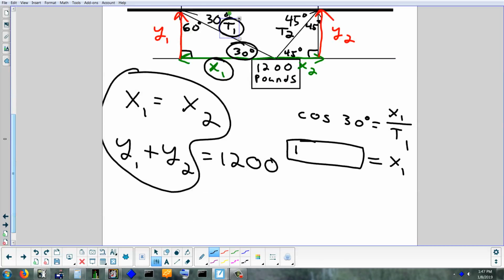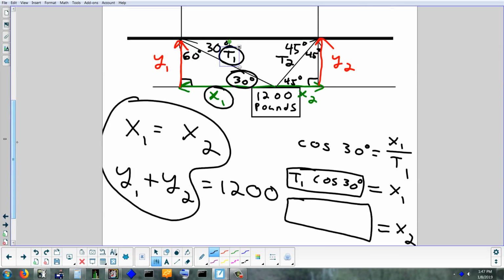Multiply by T1 on both sides. T1 cosine 30. There's your formula for X1. Let's do X2. Anyone think they know what X2 would be? Kind of following the same pattern without going through all the steps?